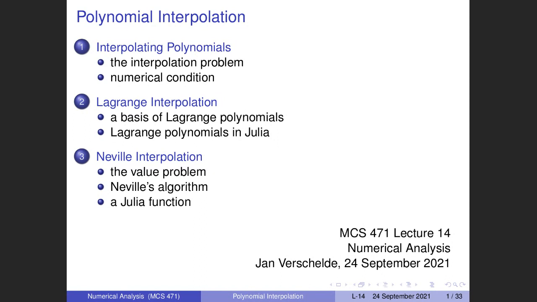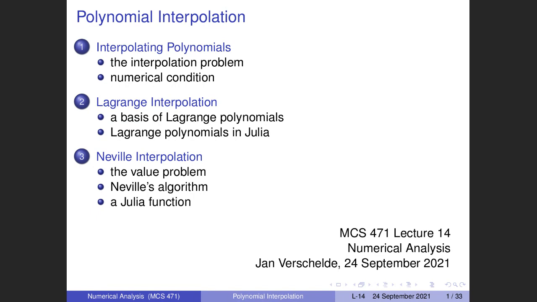The interpolation problem replaces a difficult function by a polynomial. Or it may be that we have some observations, we have data points, and we want to represent the data by a polynomial. So there are two sub-problems.